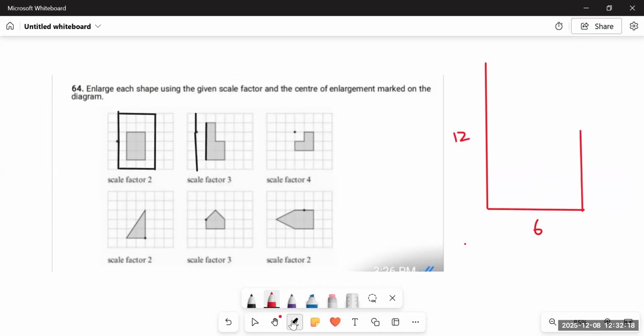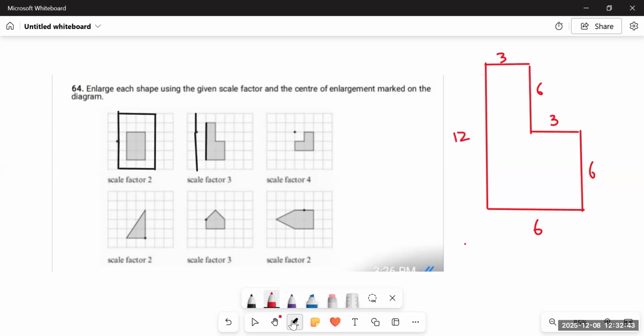Right? And 1 into 3 is 3. 2 into 3 is 6. And 1 into 3 is 3. This is 3. This is 3. This is 6. This is 6. This would be the enlarged shape.